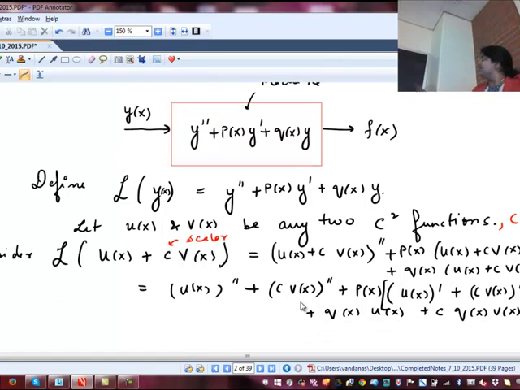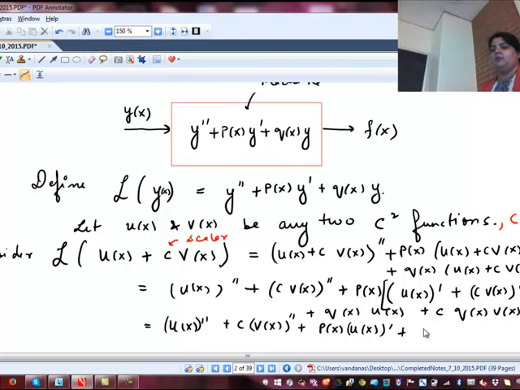Now c is like this 4 and e to the power 5x is like this v. So c v''(x), I can take the c out, right, from here. So I'll take the c out, and I'm just now simplifying it by multiplying and removing all these parentheses.